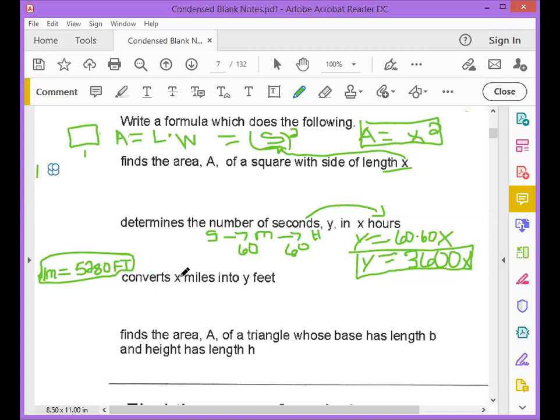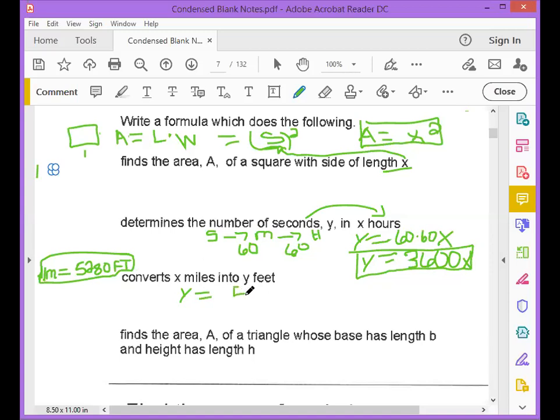Next, we're converting x miles into feet. I wrote this translation here. For every 1 mile, you have 5,280 feet. So to write this in equation form, how would I represent converting these miles to feet? Remember, for every mile, it's 5,280 feet.